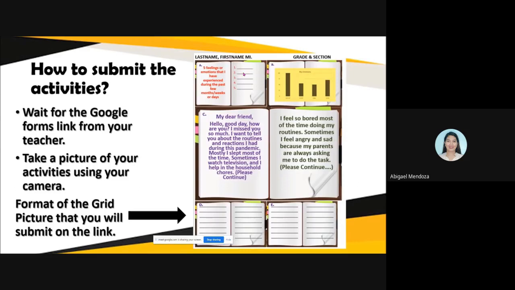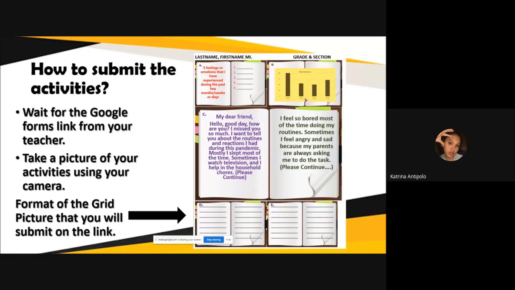Number 2, worried. 3, sadness. 4, numbness. 5, craziness. Depende kung ano yung nararamdaman nyo. Then go, ano yung mga emotions na nilagay nyo dito or feelings, yun yung ilalagay nyo dito sa may graph nyo. Okay? May question doon sa A and B?